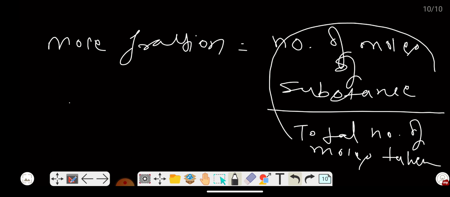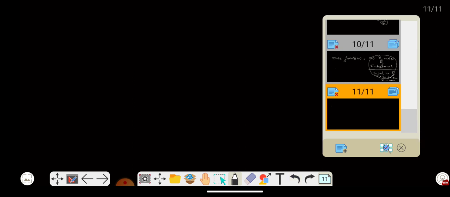So this will be the mole fraction in a mixture or solution. This will be the formula for mole fraction. Now mole fraction is finished.